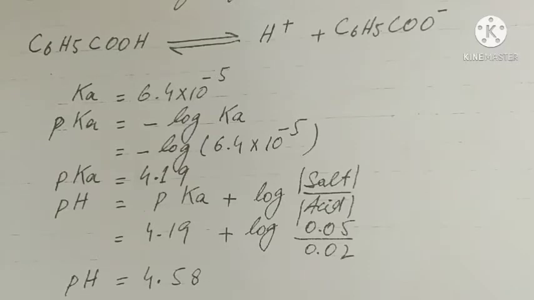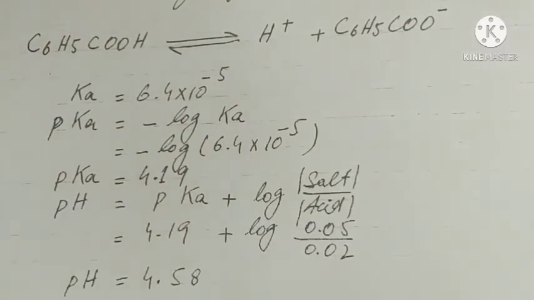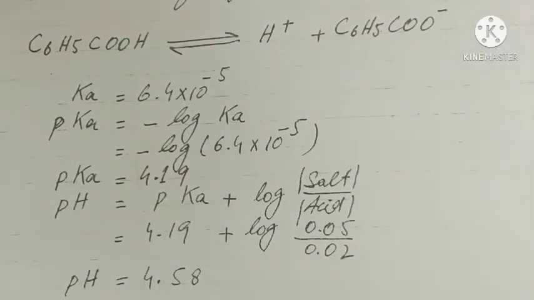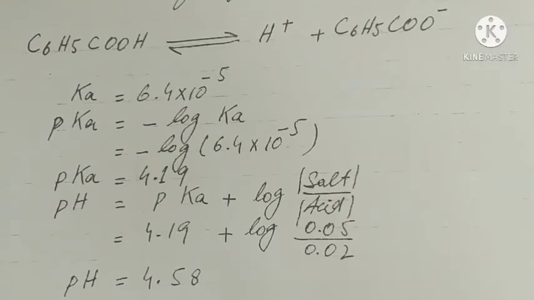Write the equation C6H5COOH. It will ionize to give H positive ion and C6H5COO negative ion, benzoate ion. Ka is equal to 6.4 10 to power minus 5. pKa is equal to minus log Ka, negative log 6.4 10 to power minus 5. pKa is 4.19, and we know that formula of pH is equal to pKa plus log salt over acid.